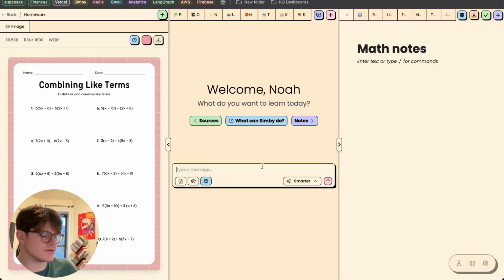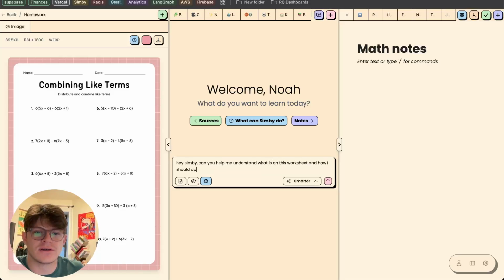What I'm going to do is ask Simby to help me understand the concept that this worksheet is trying to teach me. So I'm going to say, hey Simby, can you help me understand what is on this worksheet and how I should approach problems like these?